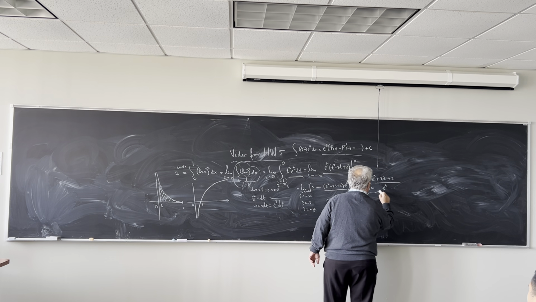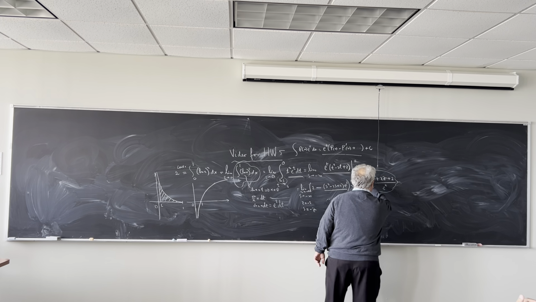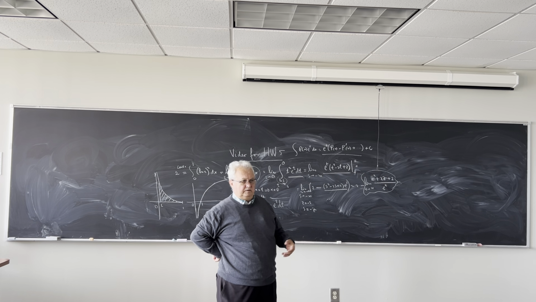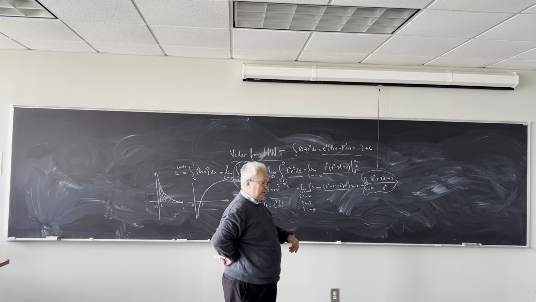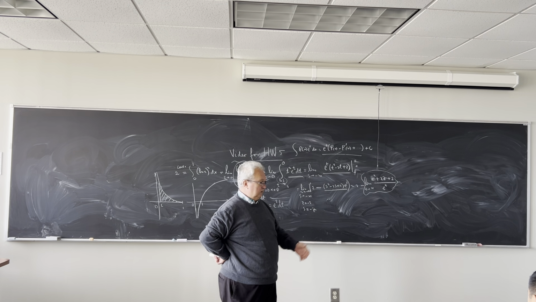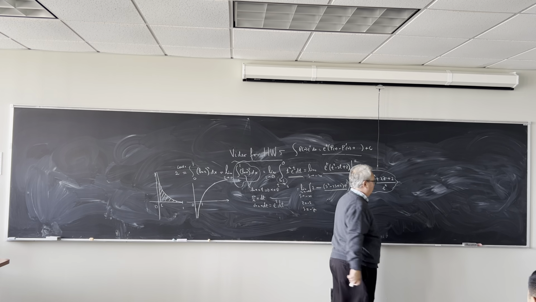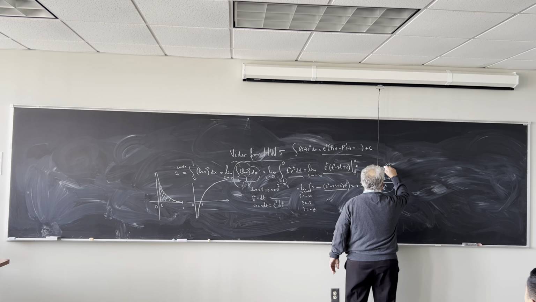Now, when we look at this limit, this is a function of another function. On top, you have a polynomial. On the bottom, you have an exponential. The polynomial goes to infinity, of course: infinity squared plus 2 times infinity plus 2. So this is infinity over infinity. We can use L'Hopital.